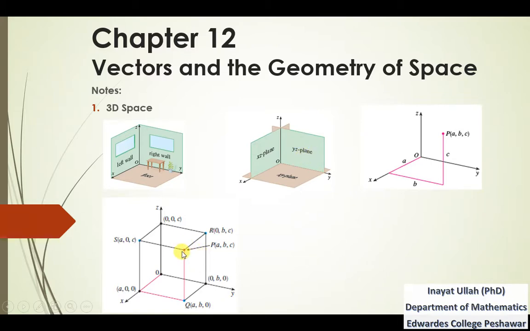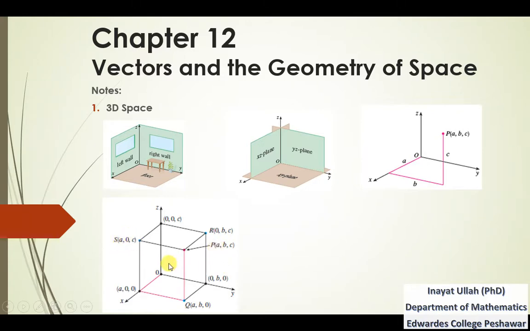So if you put a light on this point from this side, its reflection will be produced on zx plane, and on zx plane y will be equal to 0, this b will be equal to 0, a is the same and c is the same.